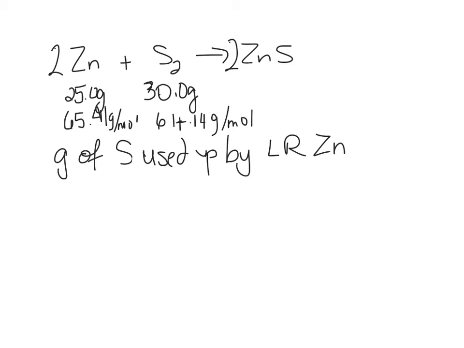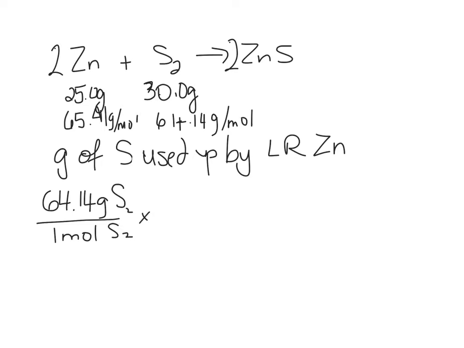Any ratio up there that has grams of sulfur in it? 64.14 grams. Yes. So if you're going to do dimensional analysis, 64.14 grams of sulfur for every 1 mole of sulfur.